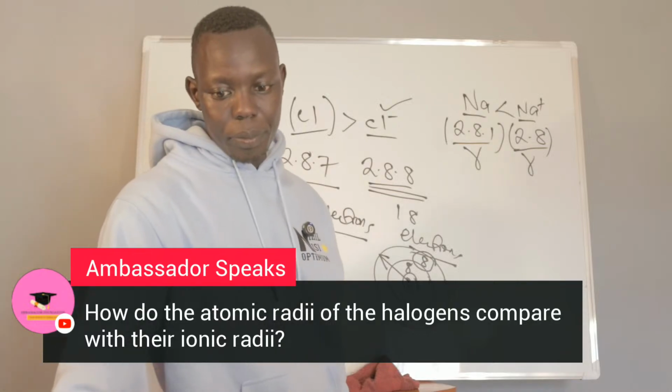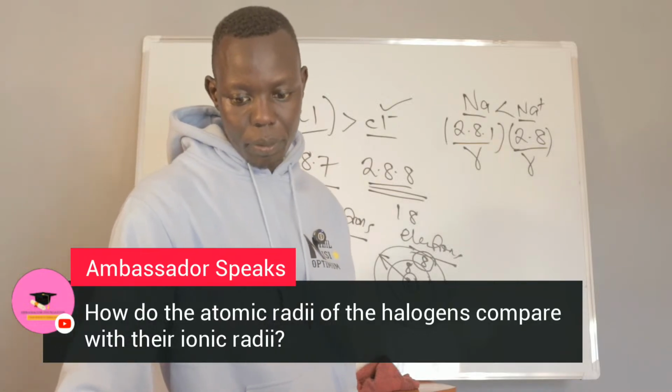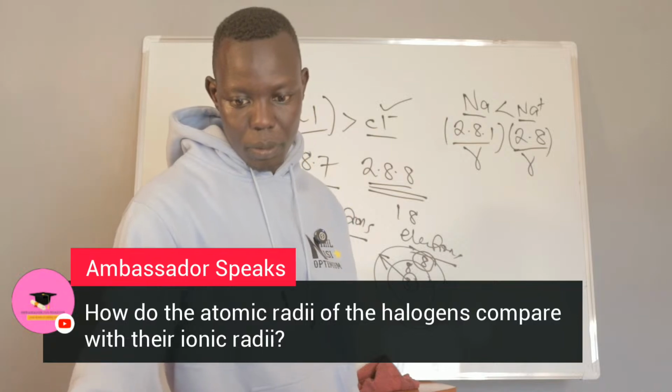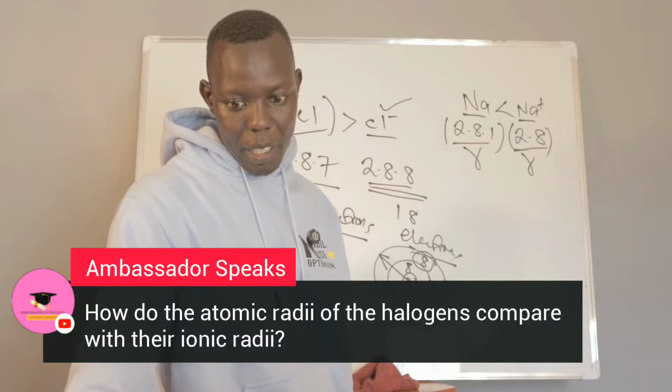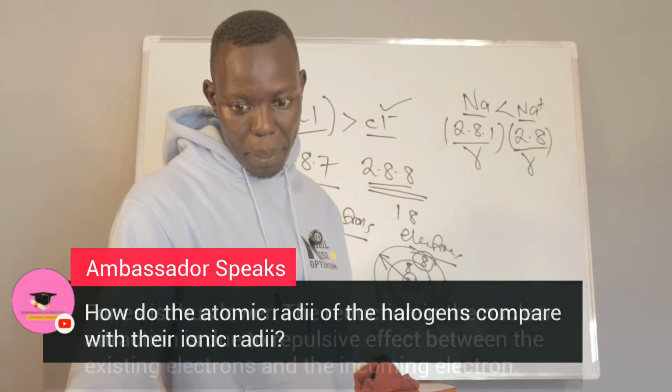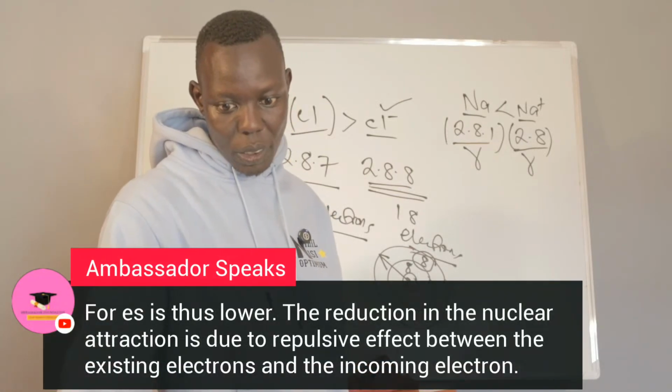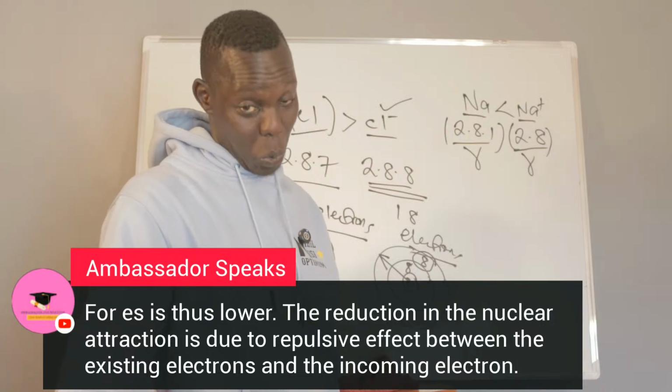Anybody with a question? The reduction of the nuclear attraction is due to the repulsive effect between the existing electrons and the incoming electrons.